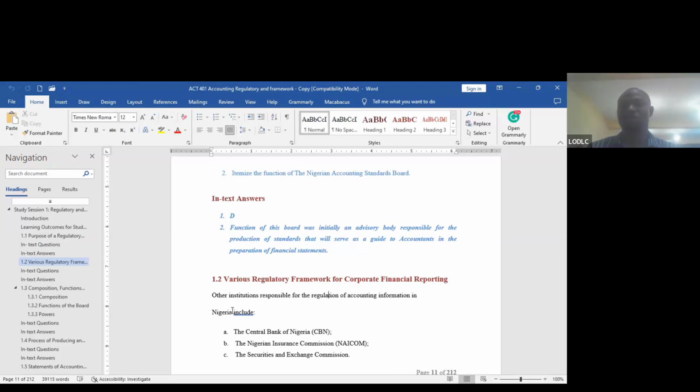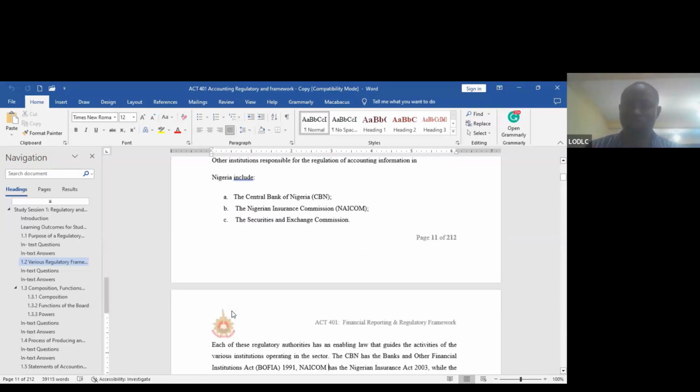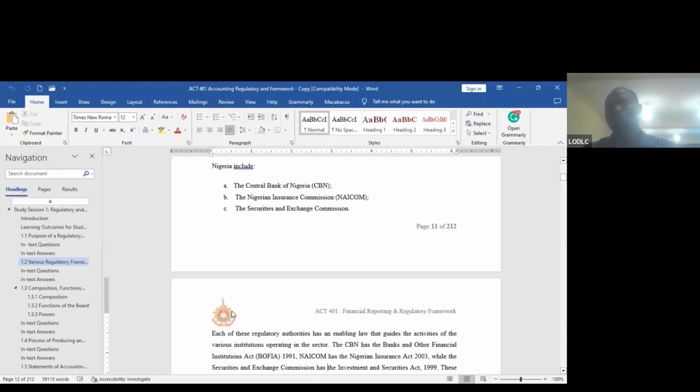But we cannot do without all these various regulatory frameworks, like the Central Bank of Nigeria, the Nigerian Insurance Commission, the Securities and Exchange Commission, because all these bodies are part of the international accounting standard setters. They have representatives in the international accounting standard setting body. So they are very, very important.